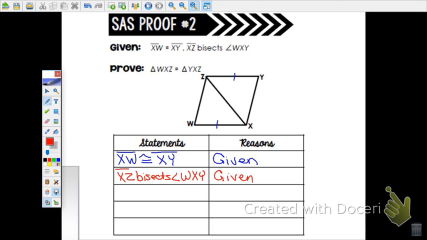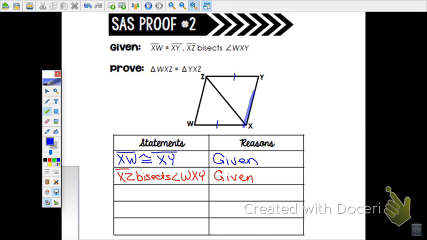Okay. Not a congruency statement, so I can't mark anything yet, but if I use that statement, XZ is bisecting angle WXY.